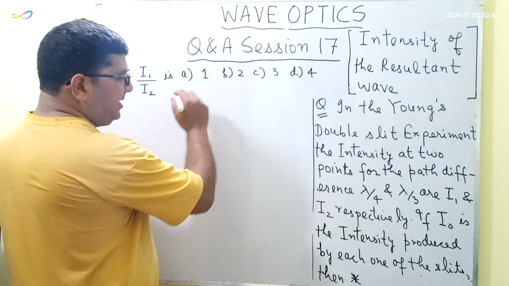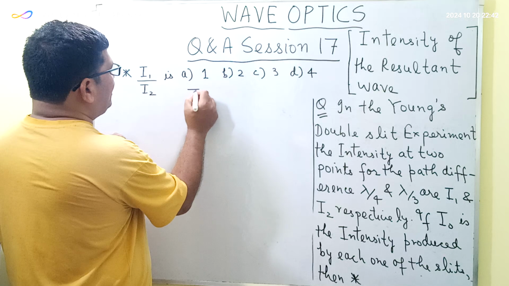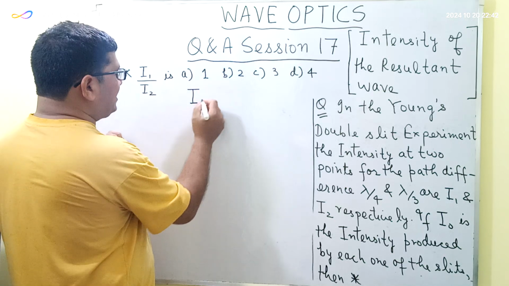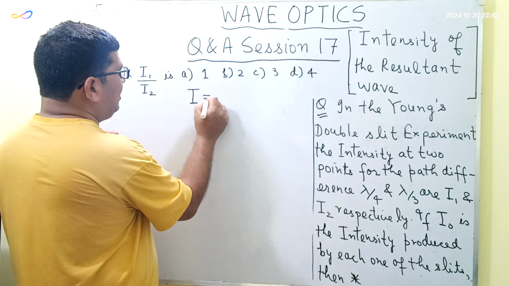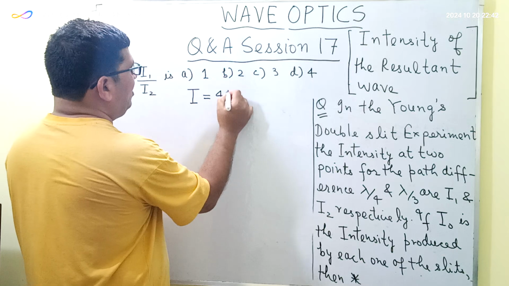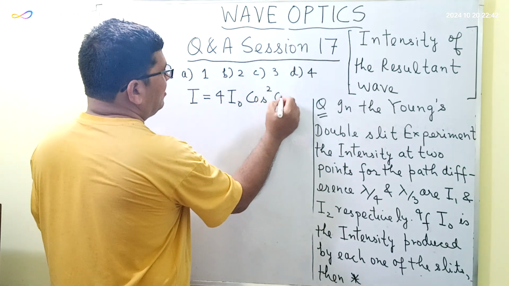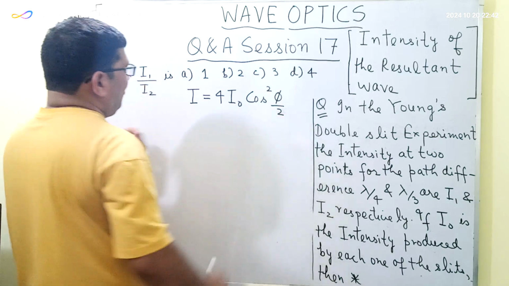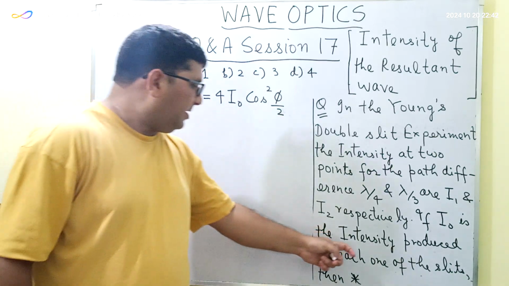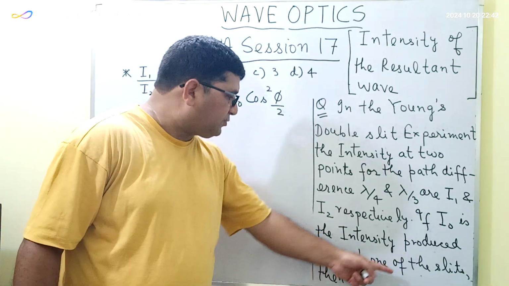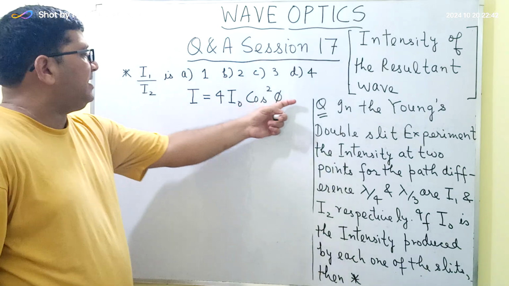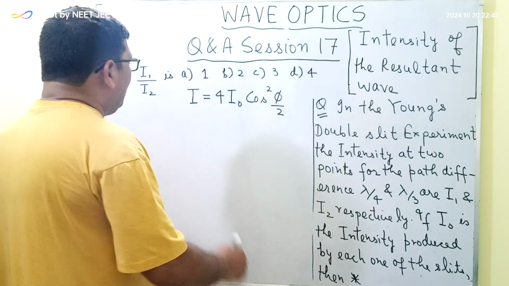So we know that the intensity of the resultant wave I is equal to 4 times I0 into cos square phi by 2, where I0 is the intensity produced by each one of the slits and phi is the phase difference.